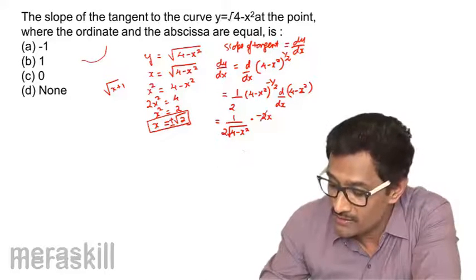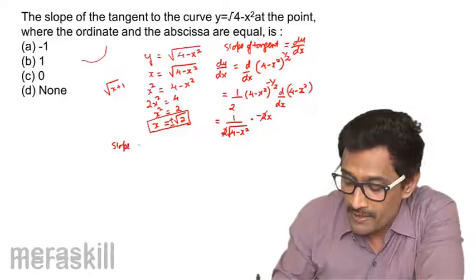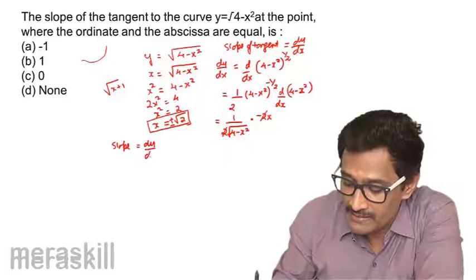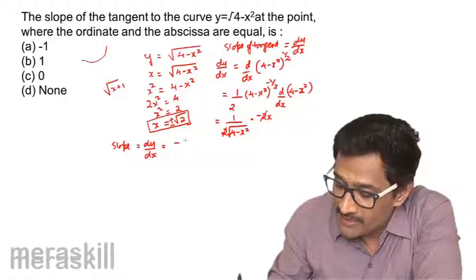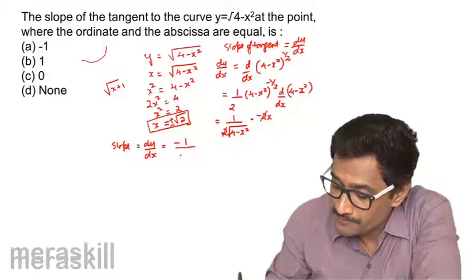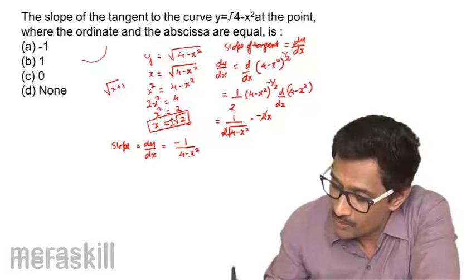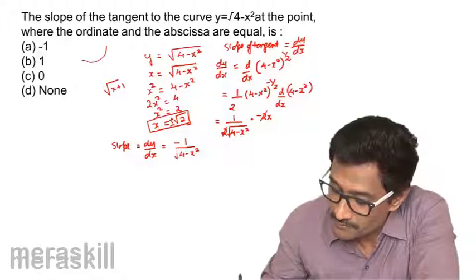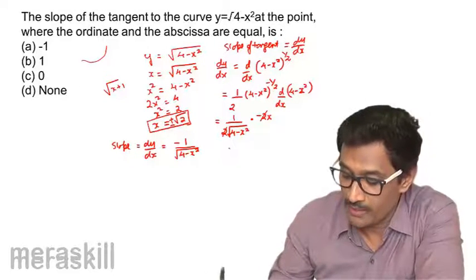So eventually the 2s get cancelled. So slope is nothing but dy by dx. Let's write it clearly, it is equal to minus 1 upon 4 minus x squared.